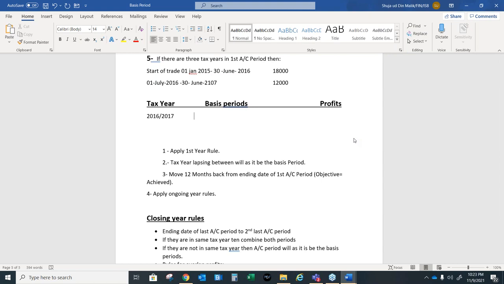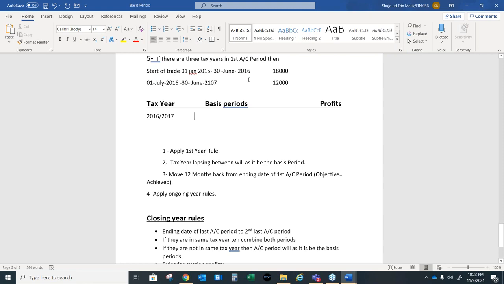So can anybody please tell if you have calculated the number of tax years in this scenario? The period is from 1st January 15 till 30th June 16.